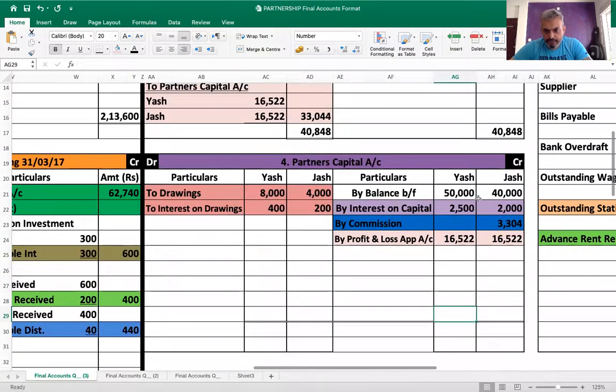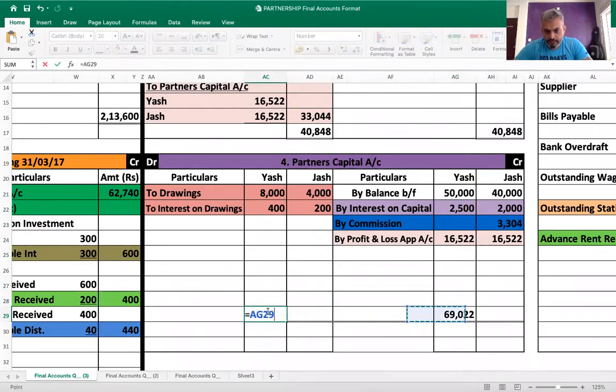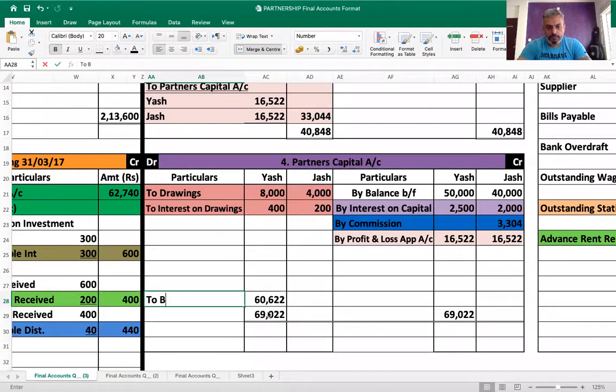Now let's balance. Yash: first, credit side 69022. Find the difference. 60622 to balance carried forward. Josh, let's see. Credit side is more.